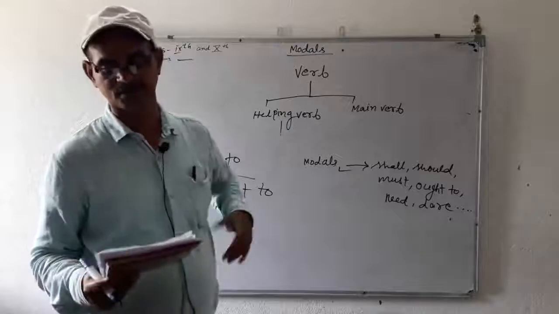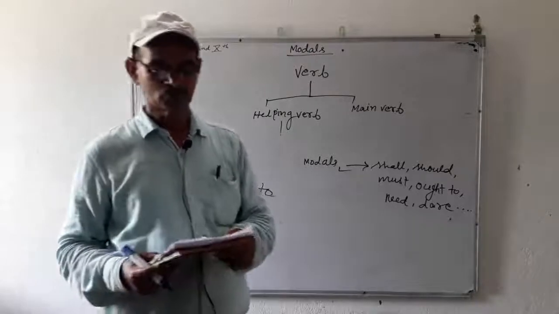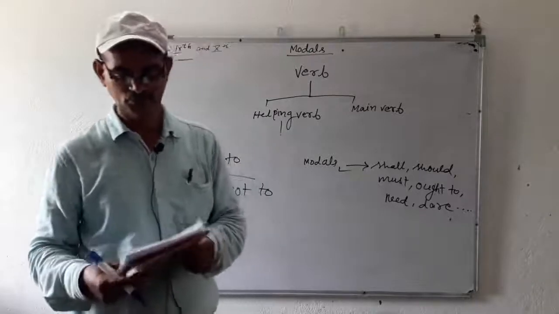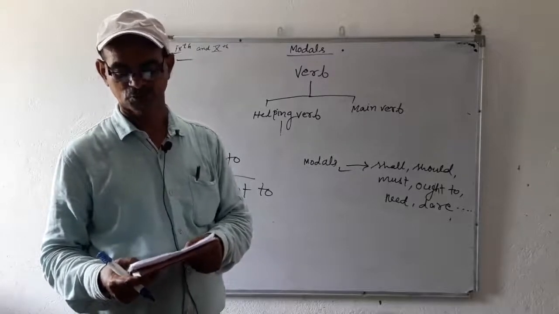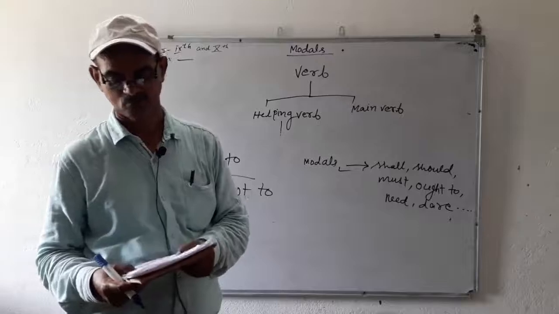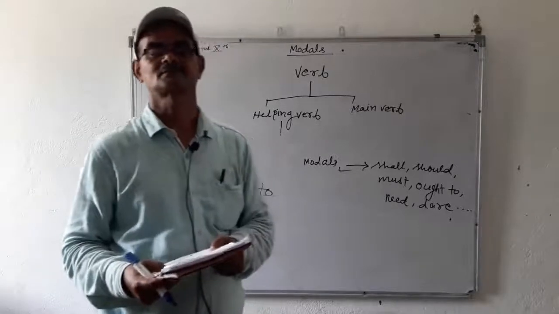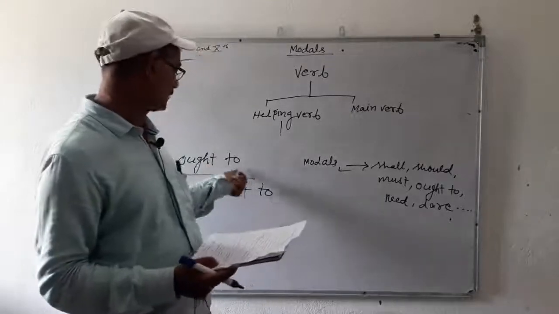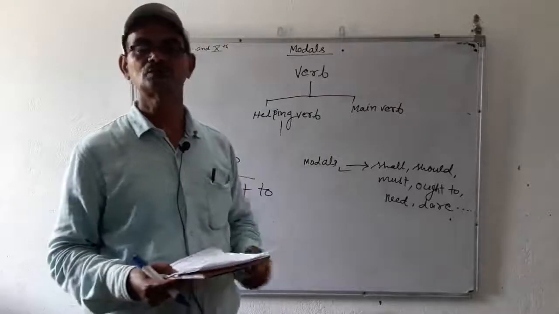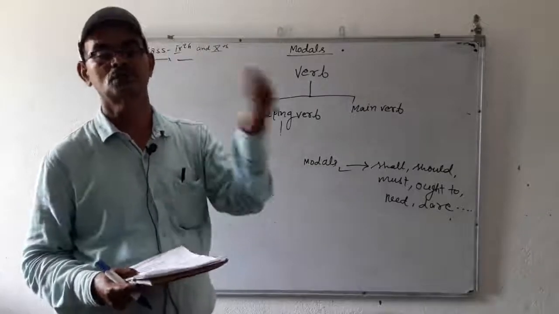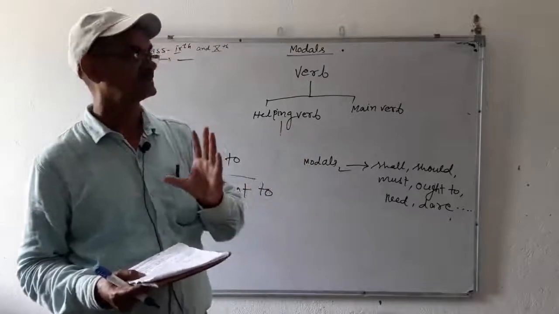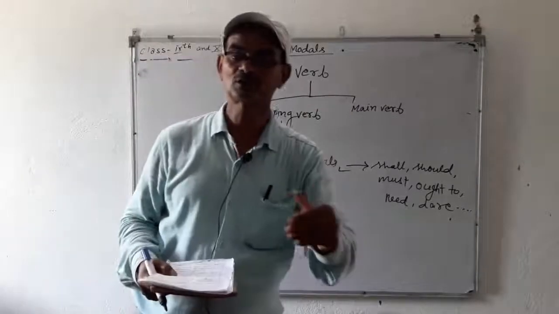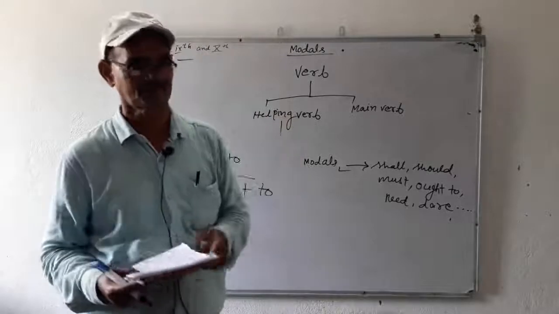In this way we can say ought to is used to express duty, moral, social binding, and such other things. In place of ought to or ought not to, we can use should or should not to. We can't use must, because must expresses surety or certainty of some actions.